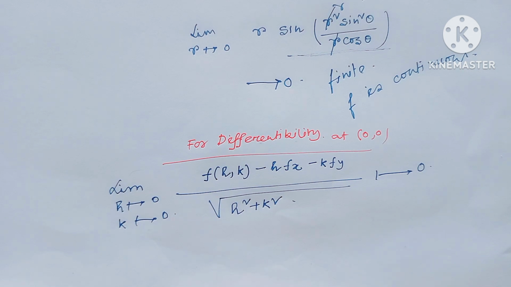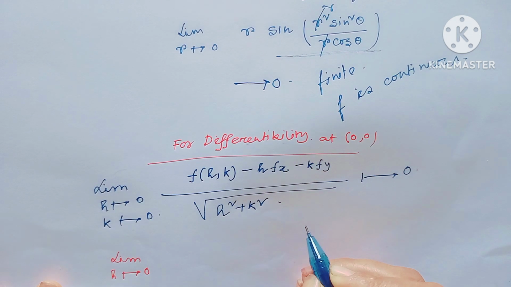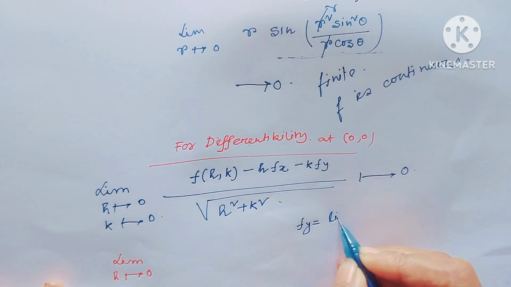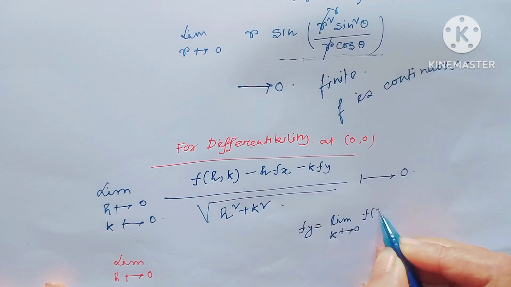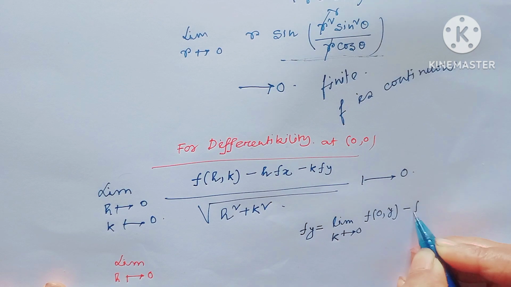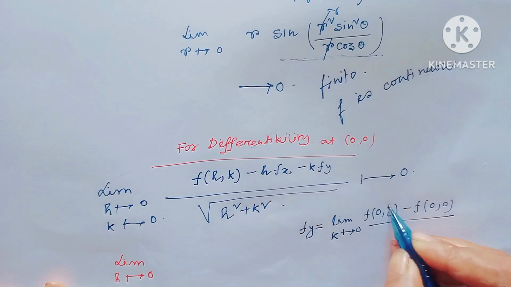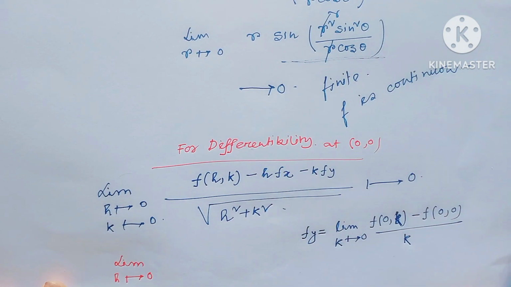For this, at first we have to find the partial derivatives. The partial derivative f_y equals the limit as k goes to 0 of f(0, k) minus f(0, 0), divided by k.